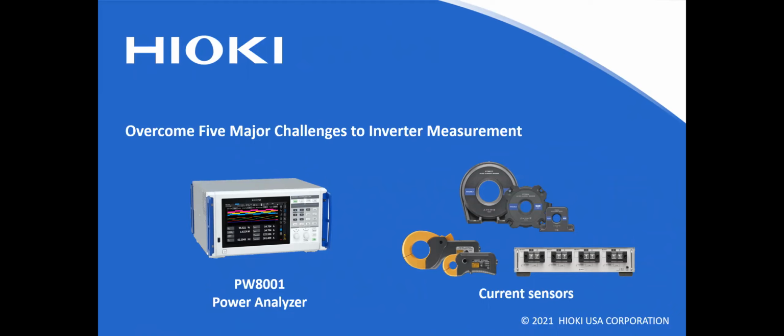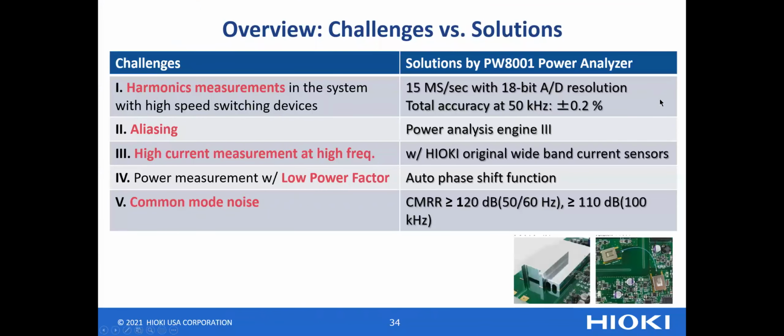Okay, thank you, Chris. So we have seen 5 major challenges to modern inverter power analysis so far. Now we come to the next point, which is how we can overcome those challenges. Here I'm describing the challenges and solutions.